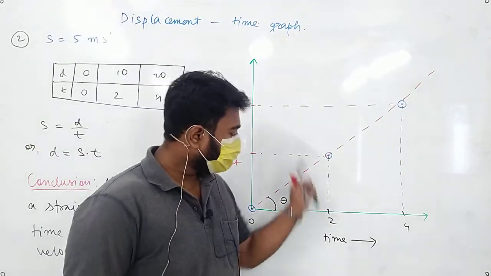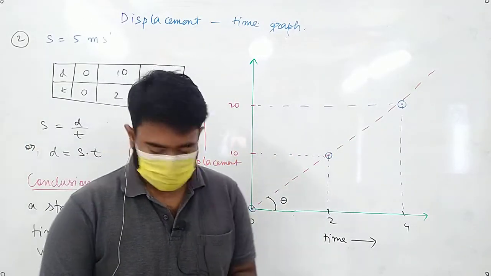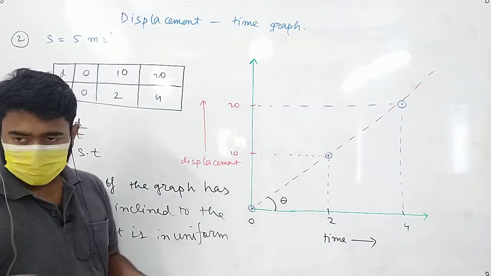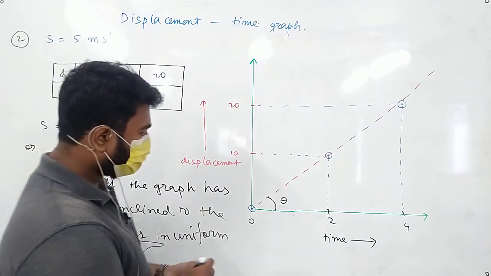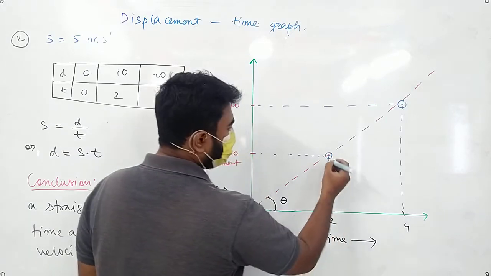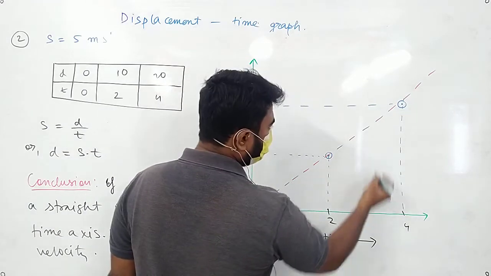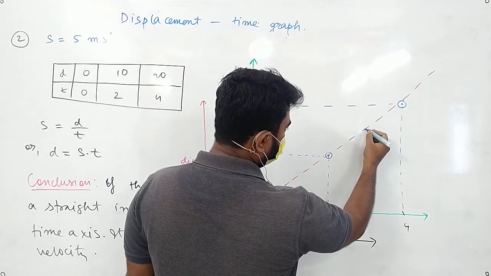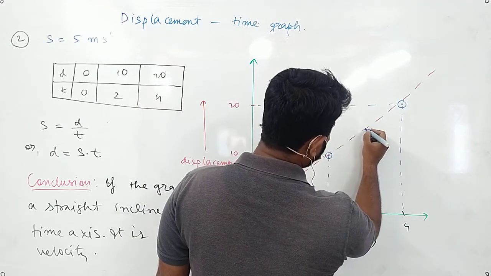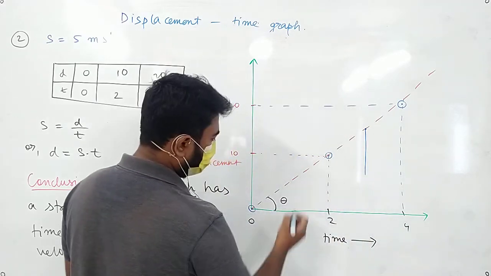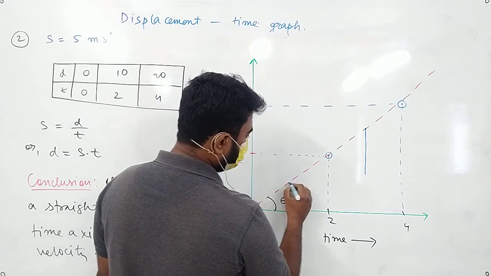So from this displacement time graph, if I draw a triangle, observe it carefully. Suppose I am drawing a triangle from this position to this position.